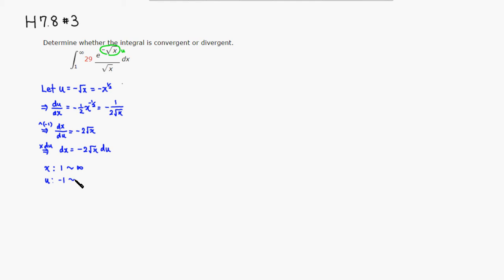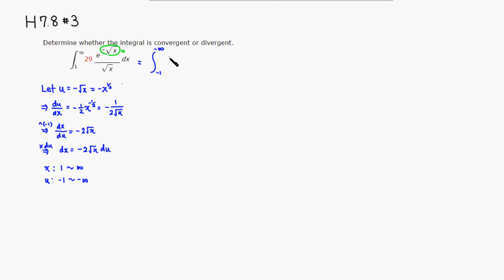Negative square root of infinity is negative infinity. So this is going from negative 1 to negative infinity.